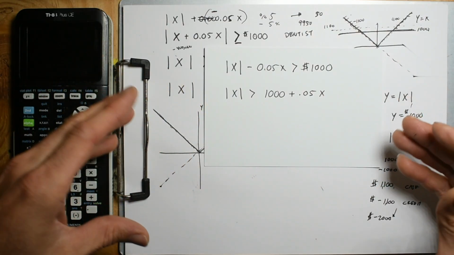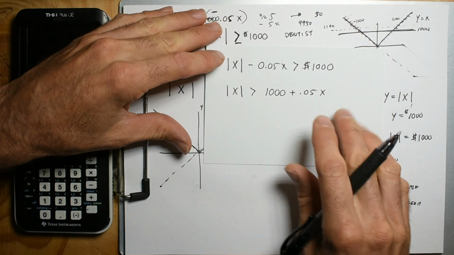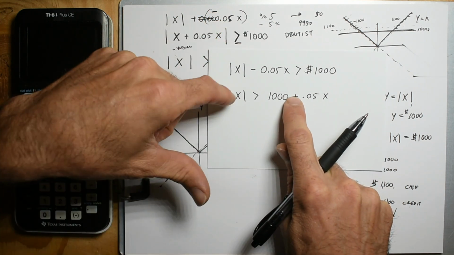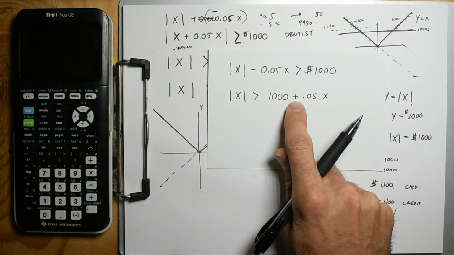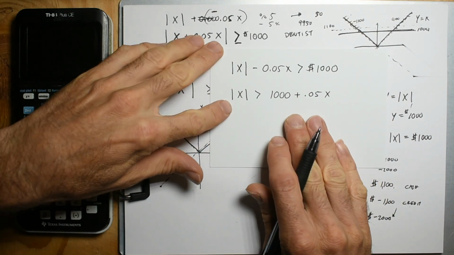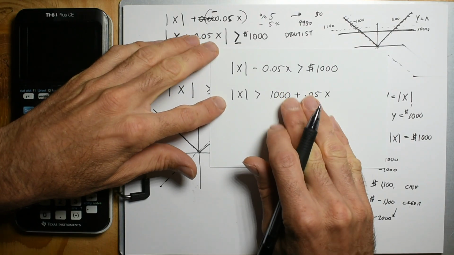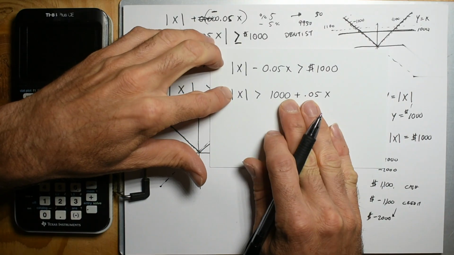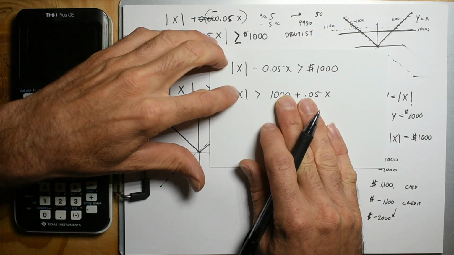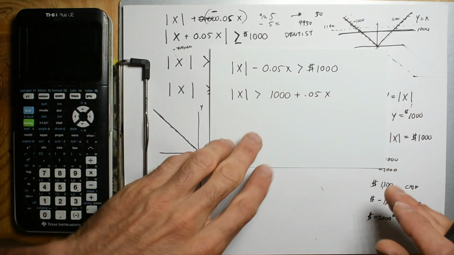If this was negative, this side would always be bigger. But if this side was positive, then there's a chance that this side might be smaller.